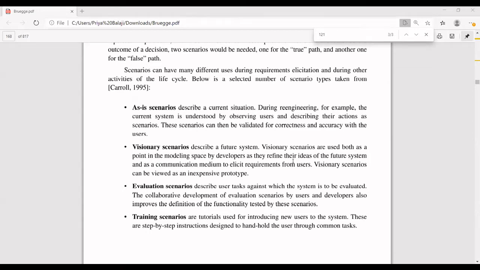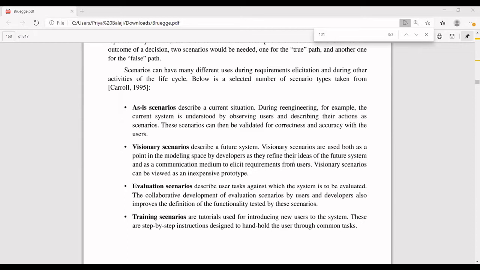Then it is called re-engineering. With an as-is scenario, currently I'm using the product for so and so, and I want this product to be extended for other usages. Because that project is already being used for some scenarios, you're trying to include some more scenarios to the existing one. That type of scenario is called an as-is scenario.